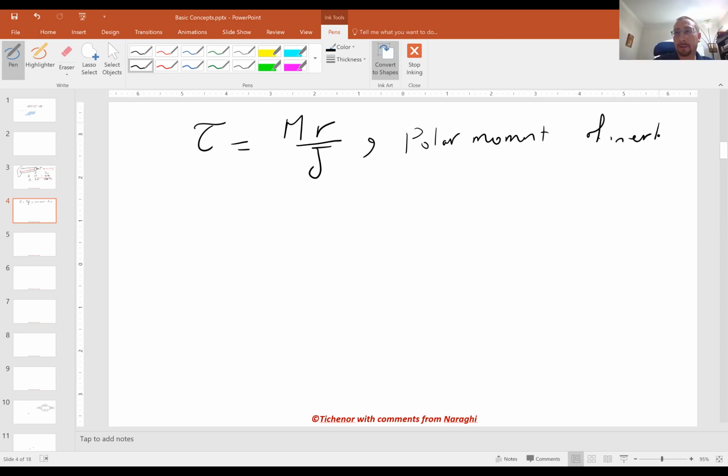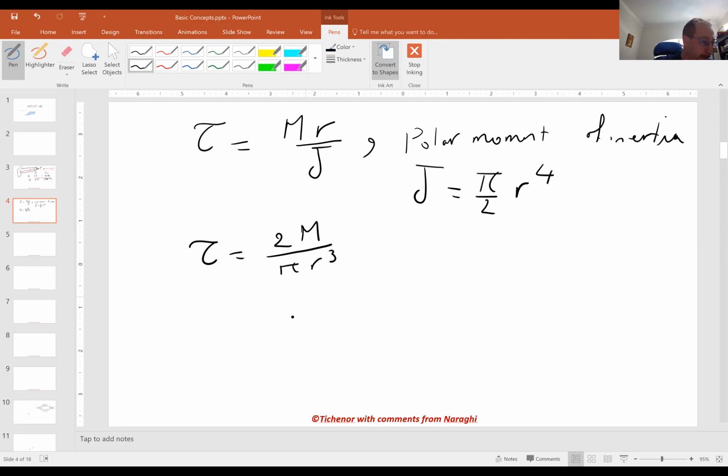And what is the equation for that? J is equal to what? J was equal to pi over 2 times r to the power of 4. So if I combine these two equations, what I get is that tau is equal to 2 times m divided by pi r to the power of 3.